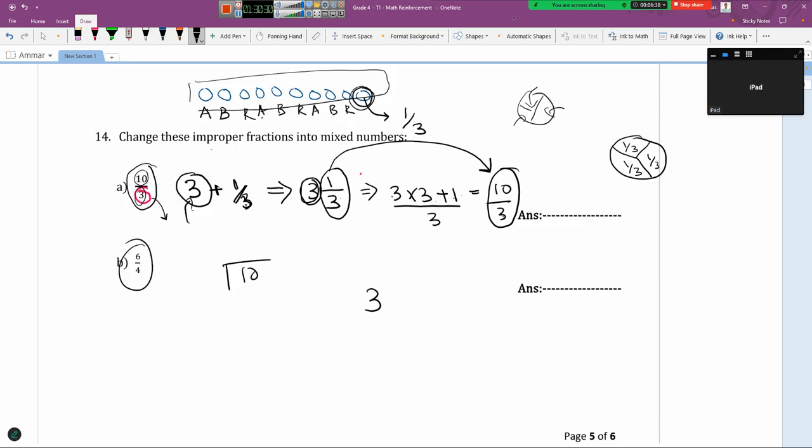This is the integer portion of the mixed number, and in the fractional portion here 3 will come, and the remainder will be written in the numerator of the fractional part. Here the remaining is 1. So after dividing 10 by 3, what is the remainder? 1. So the 1 should be written over here.